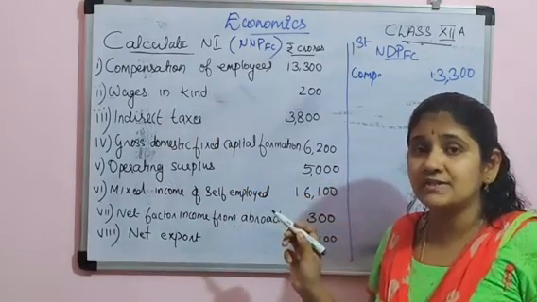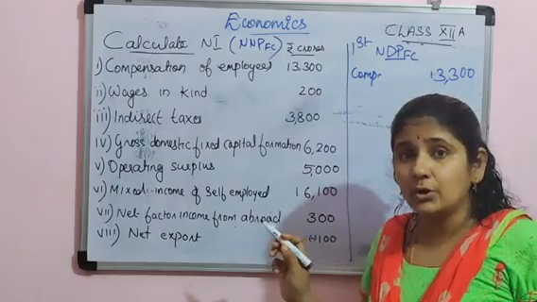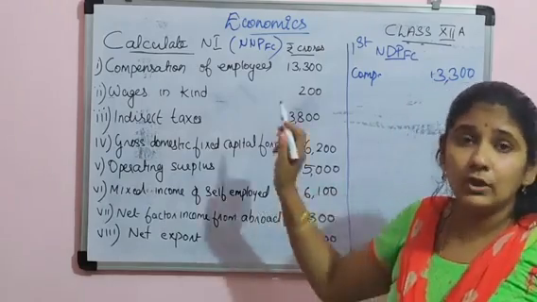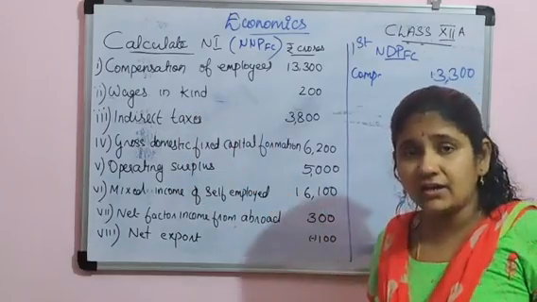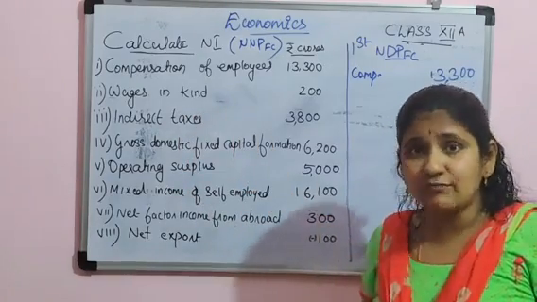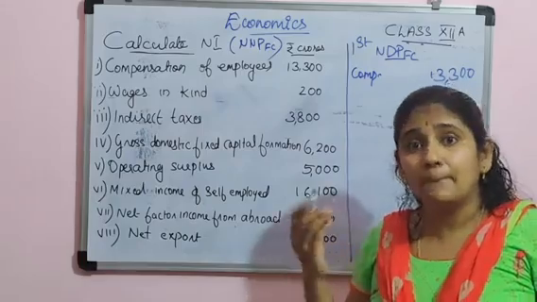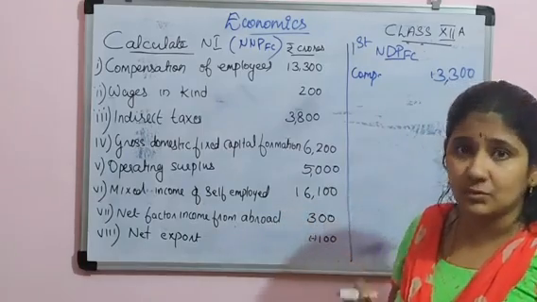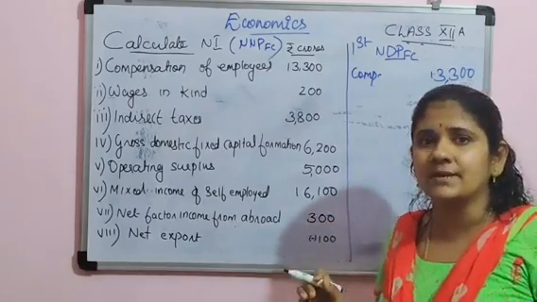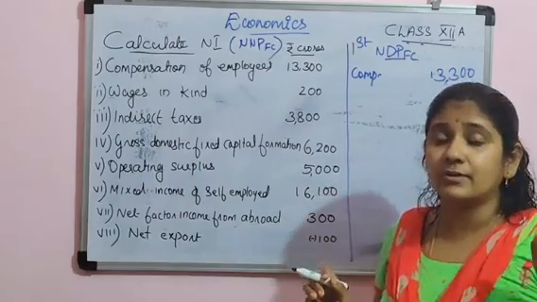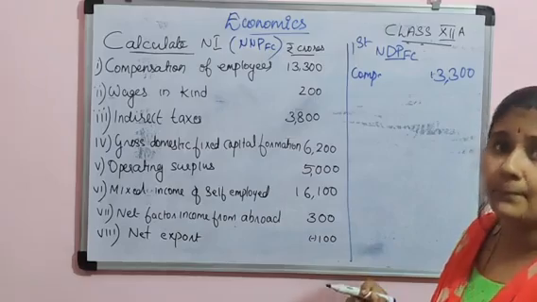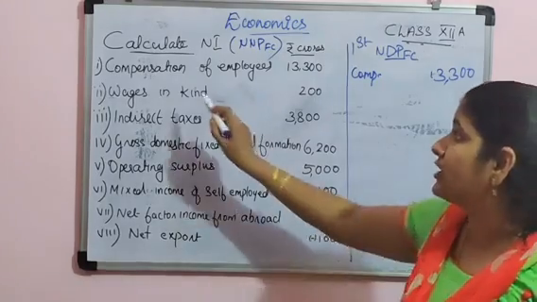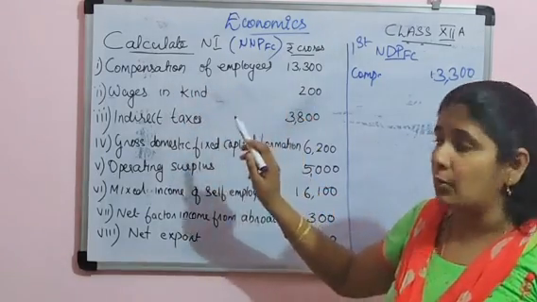What about wages in kind? Whether we will add or not? We will not add, because wages in kind, otherwise wages in the form of cash, employers' contribution to the social security schemes, pension at the time of retirement, all these things come as a subdivision of the compensation of employees.